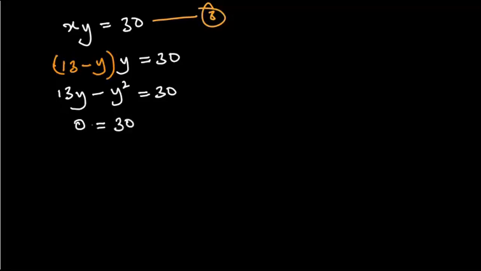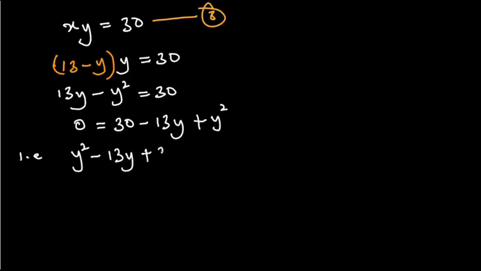So 13y comes over and becomes minus 13y, minus y squared comes over and becomes plus y squared, which can be written as y squared minus 13y plus 30 equal to 0.